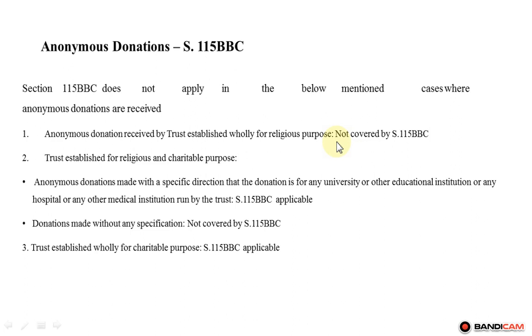Remember this point: it is applicable to an educational institution, hospital or medical institution when the donation is made for a specific direction. If the donation is not made for any specification, it is not covered by section 115BBC. And for a trust established wholly for charitable purpose, section 115BBC is applicable.